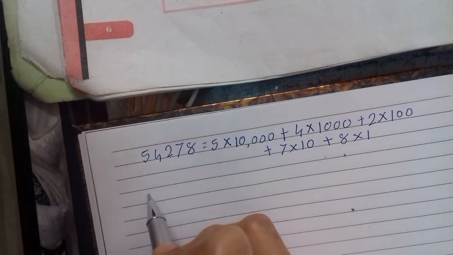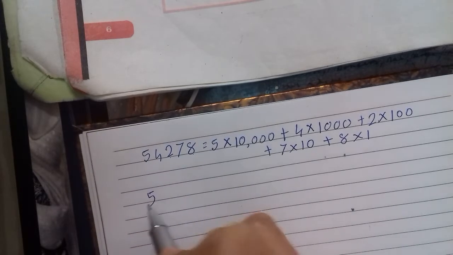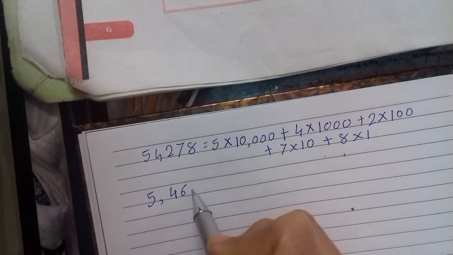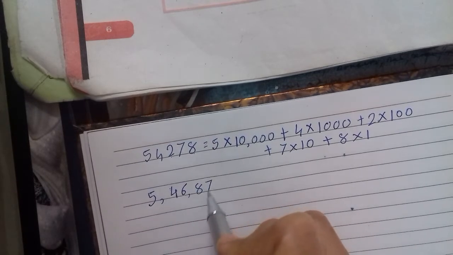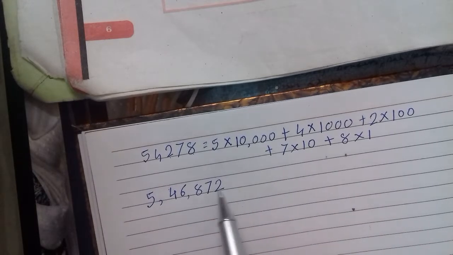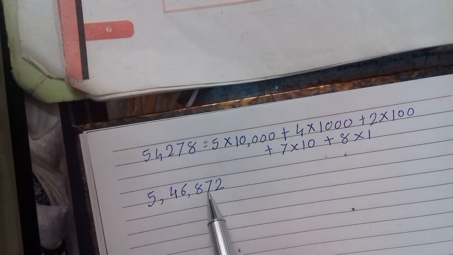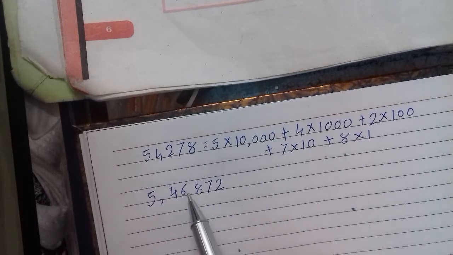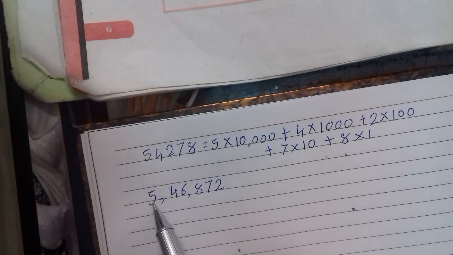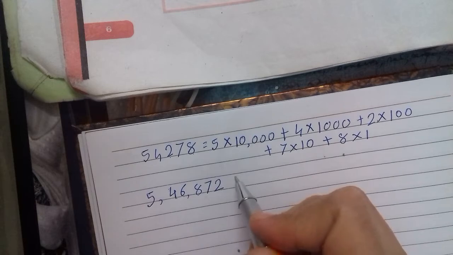Next example, 5,46,872. Here once again 2 is at ones place, 7 is at tens place, 8 is at hundreds place, 6 is at thousands place, 4 is at 10,000s place, and 5 is at lakhs place.